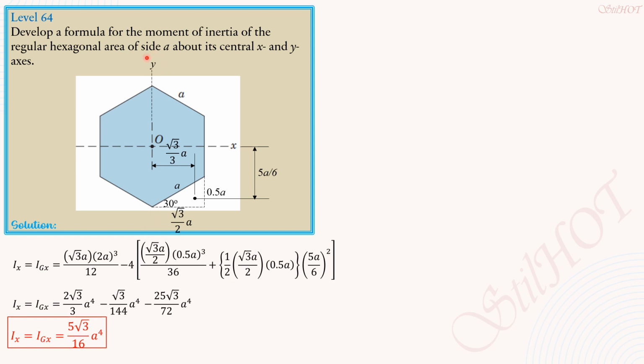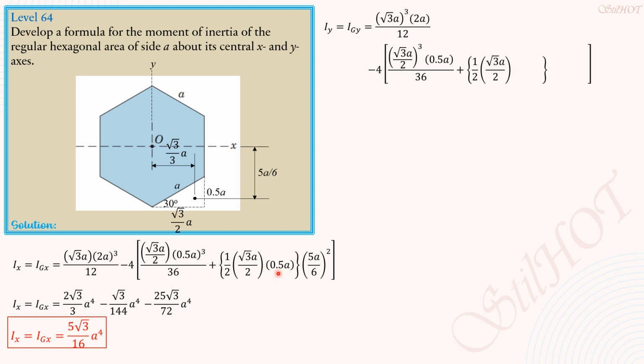For Igy, let's refer to this solution. Let's interchange the quantity that is cubed. So Iy equals Igy equals quantity square root of 3 a cubed times 2a over 12, minus 4 times square root of 3 over 2 a cubed times 0.5a over 36, plus 1/2 square root of 3 over 2 a times 0.5a, then distance square root of 3 over 3 a, squared.